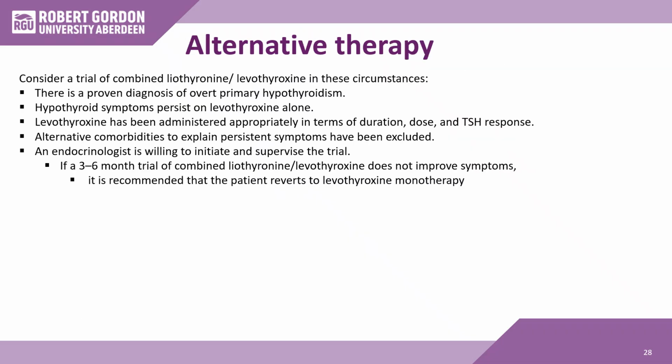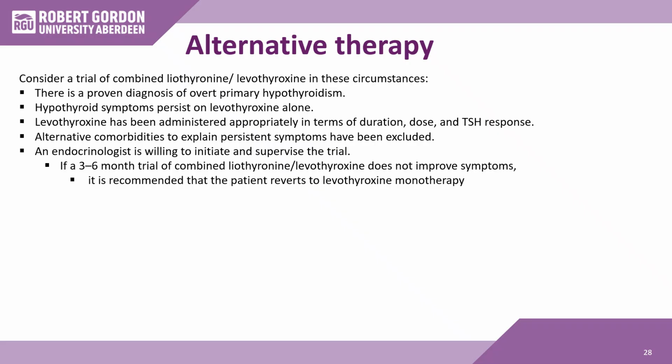So for alternative therapy, consider a trial of combined T3 and T4 in some circumstances. For example, if there's a proven diagnosis of overt primary hypothyroidism, if they persist with symptoms on L4 alone, if L4 has been administered appropriately but the TSH does not respond, or if comorbidities that could explain persistent symptoms have been excluded.